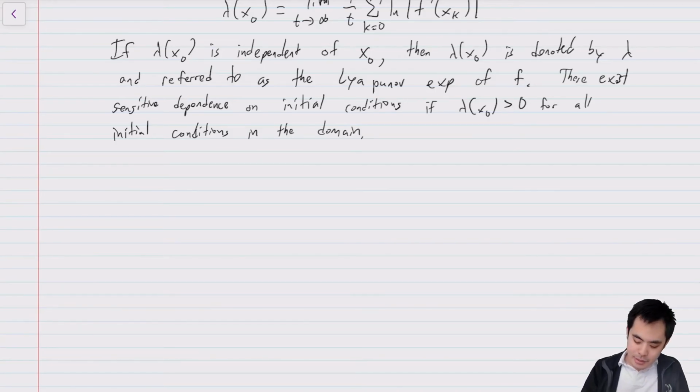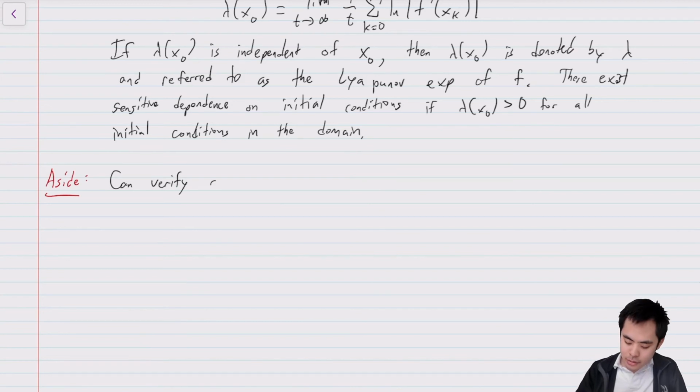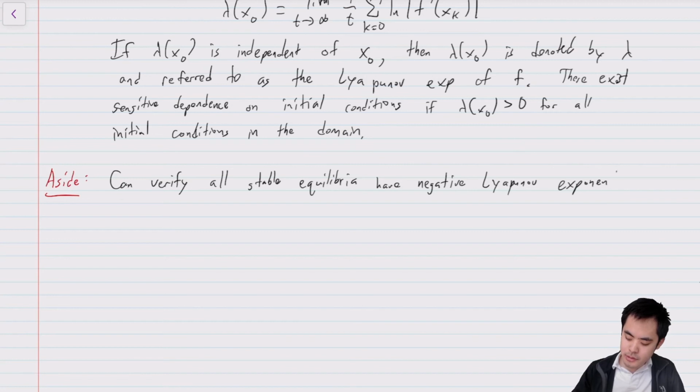And just as an aside, this is actually going to be quite useful, but we can verify, so this is something that I think I might have you do in one of your exercises, I'm not sure yet. But we can verify that all stable equilibria have negative Lyapunov exponents, and all unstable equilibria have positive Lyapunov exponents.